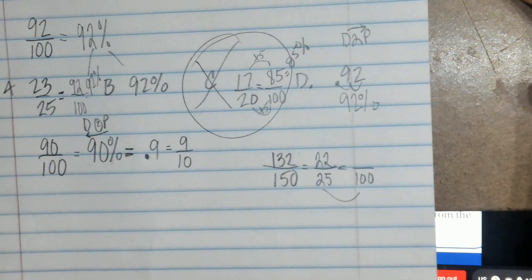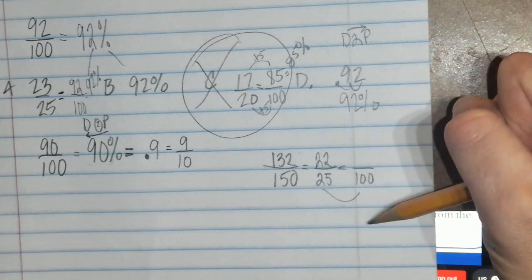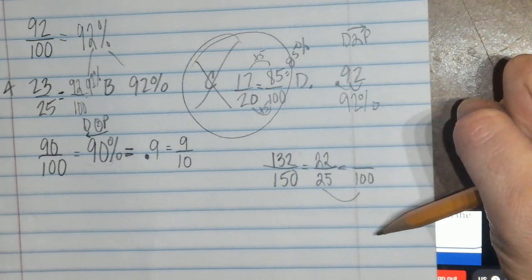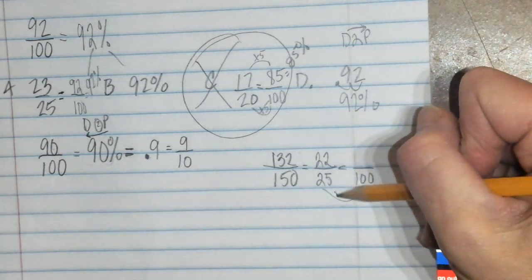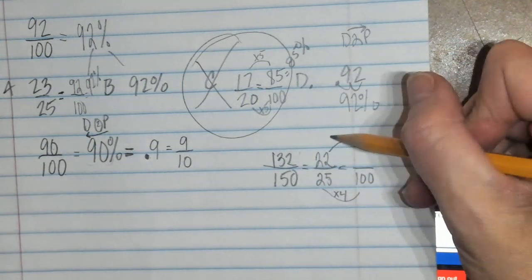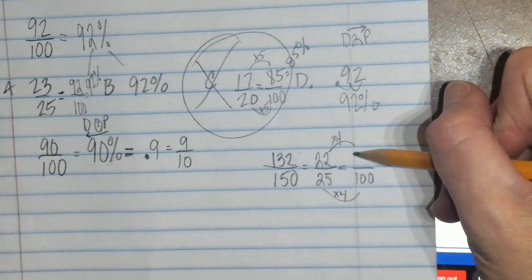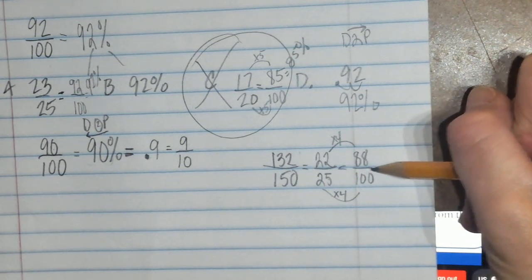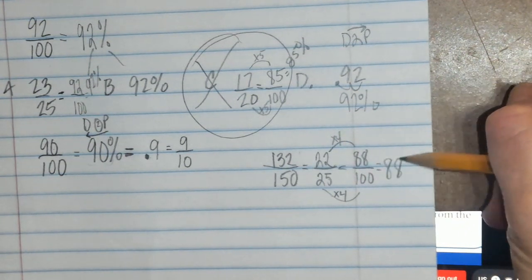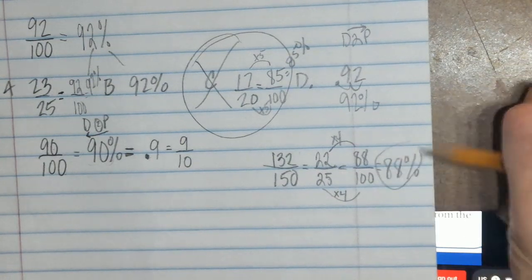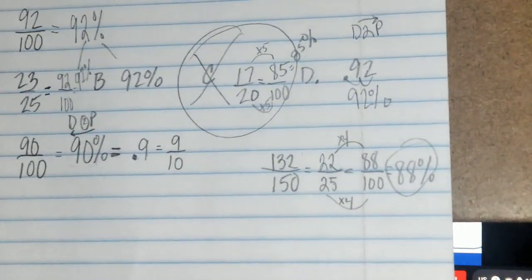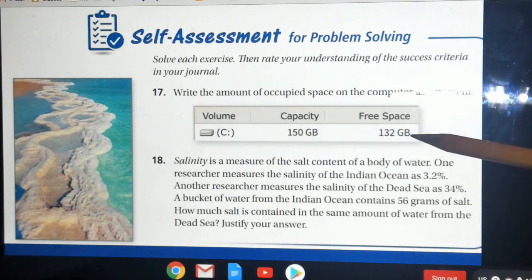You're welcome to use the calculator. So if you multiply this by 4 to get 100, you have to multiply this by 4 to get 100. So that would be 88 per 100, or 88%. Our hard drive is almost full, but we still have some room left.